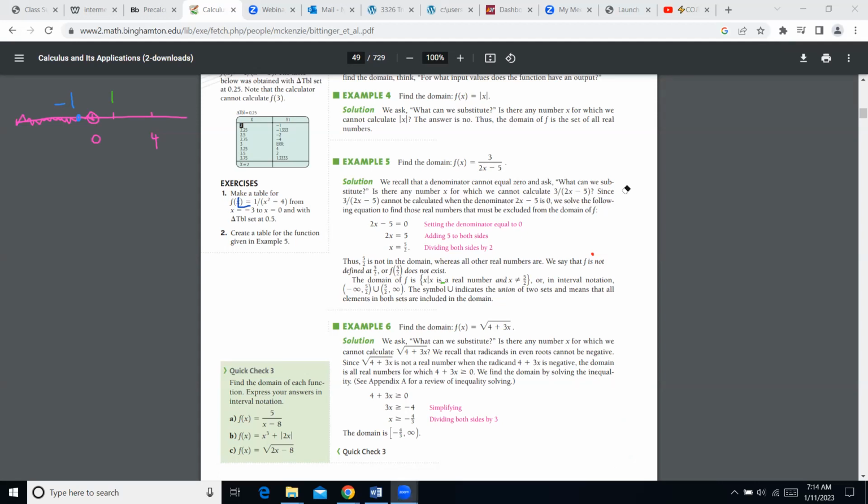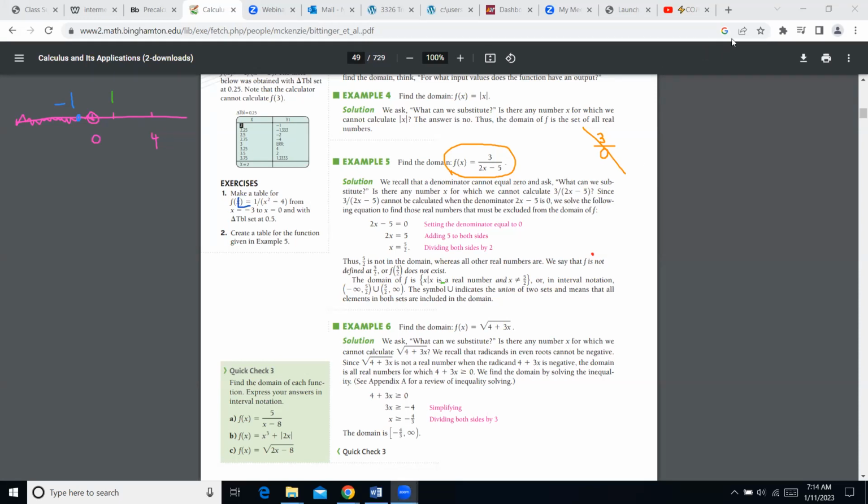So in example number 5, we have a function that is a fraction, divides 3 by some number, and it turns out we cannot divide by 0. Do you remember that? So that's a bad idea. We never divide by 0.